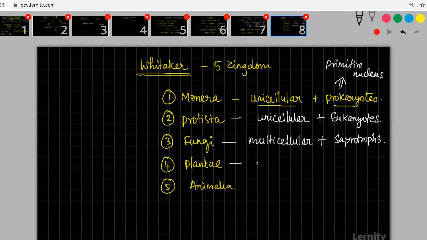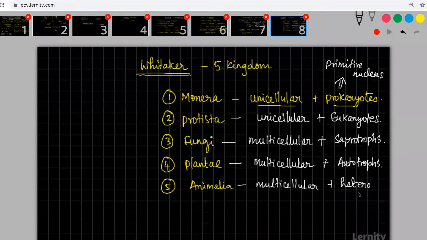So this was including all multicellular and autotrophs. This was including all multicellular and heterotrophs.